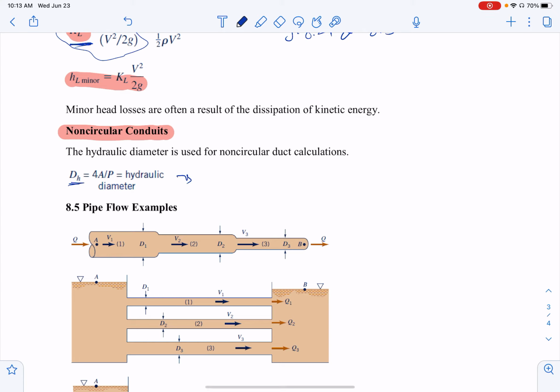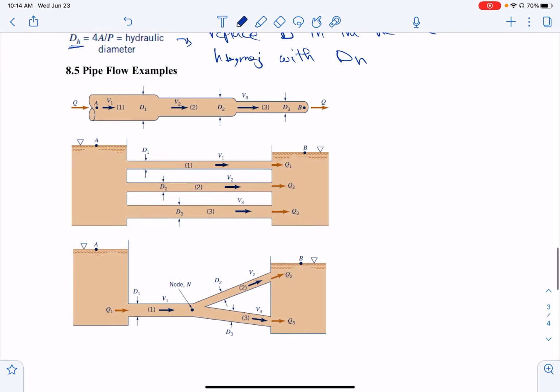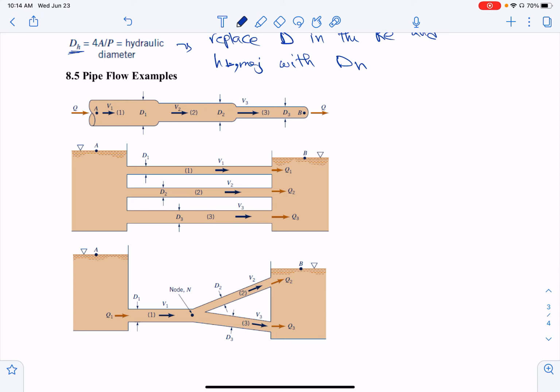So we replace the D in the Reynolds number formula and in the major loss with DH. Then we can use all of the formulas above for the non-circular pipe, right?